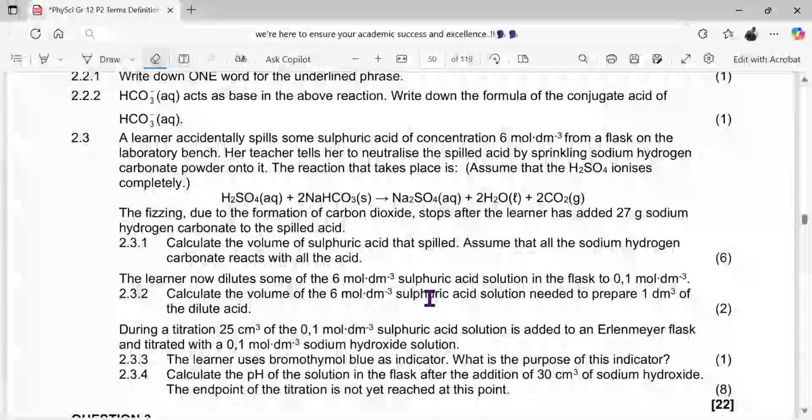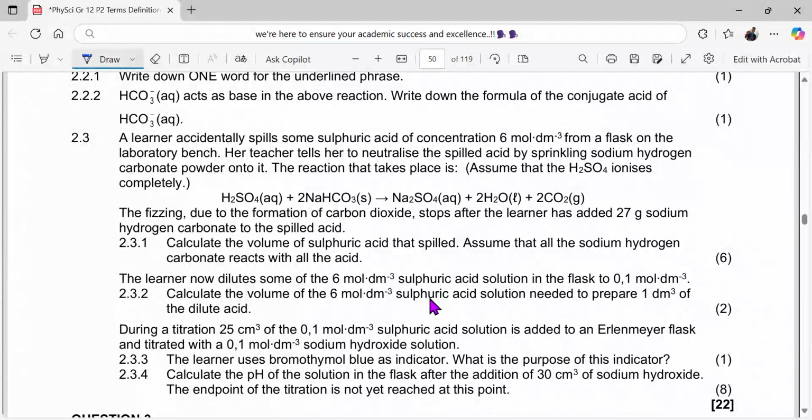All right. The fizzing due to the formation of carbon dioxide stops after the learner has added 27 grams of sodium hydrogen carbonate to the spilled acid. So what is this fizzing actually? Well, it's just like when you open your carbonated soft drink, those bubbles that form.